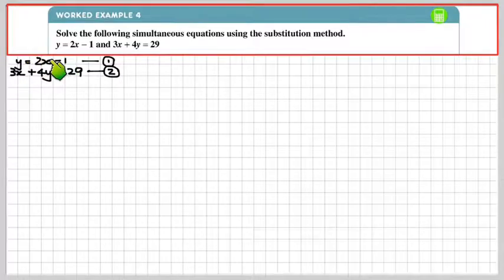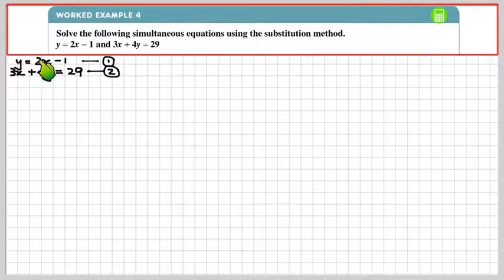The problem is that these equations have y and x in them, so it's a bit difficult to solve for what is x and what is y when you've got two pronumerals floating around in each equation. So you do this ingenious little technique where you say, alright Mr. Y, I know that you're 2x minus 1, so I'm going to put you as 2x minus 1 in the other equation.